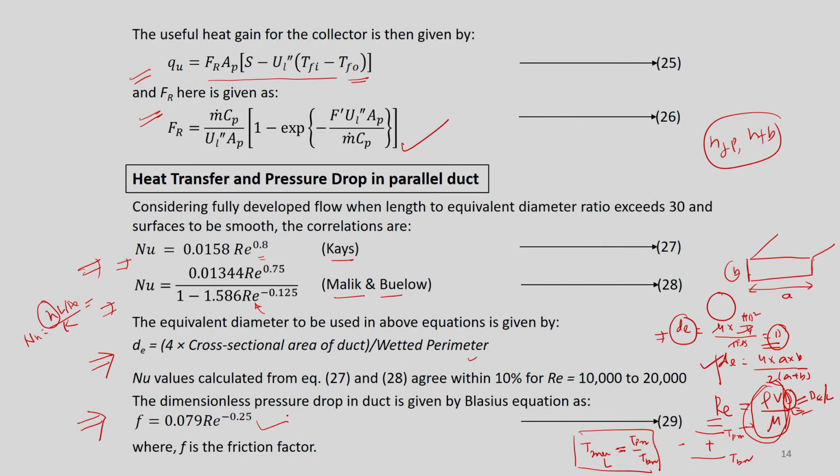Pressure drop is directly related to the amount of power consumption. So for that we need to find out F, the friction factor, and then the pressure drop. This is very important, because in a solar air heater the blower is one component which consumes a huge amount of power.